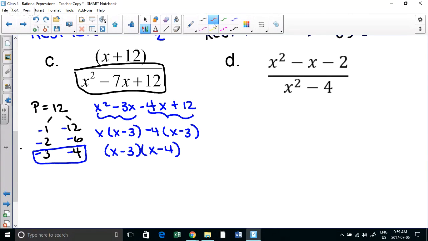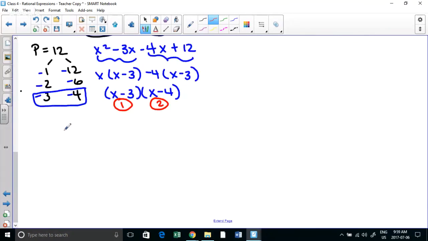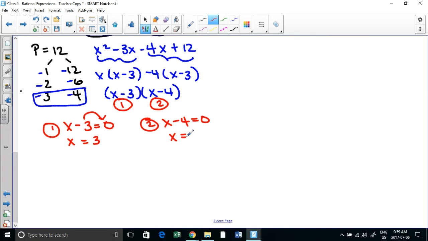So these are the factors that I have to deal with. So this is factor 1, and this is factor 2. So I set factor 1 equal to 0. If I move this over, that means x is 3. I set factor 2 equal to 0. So x is 4.